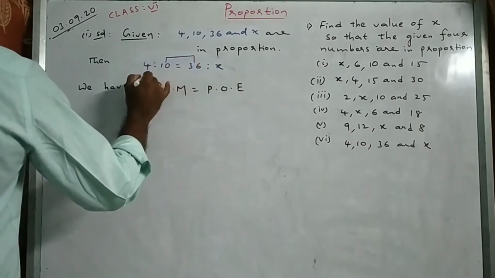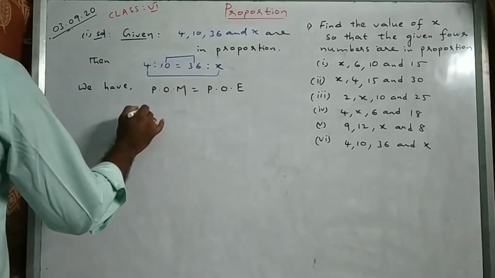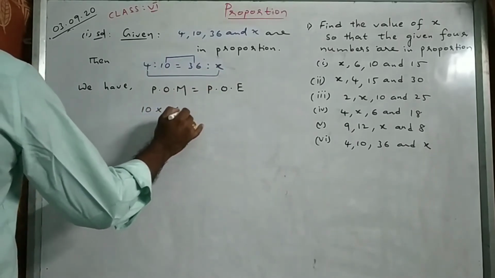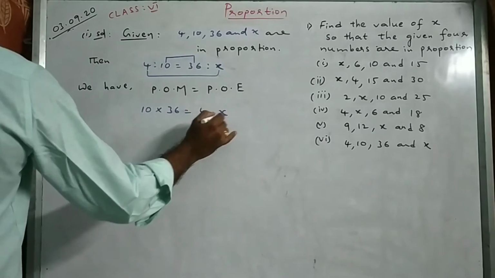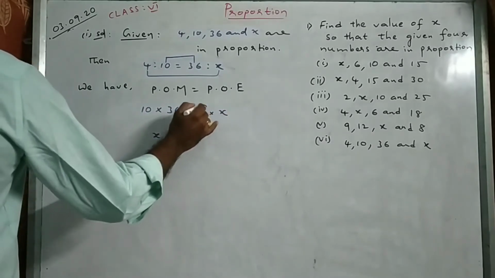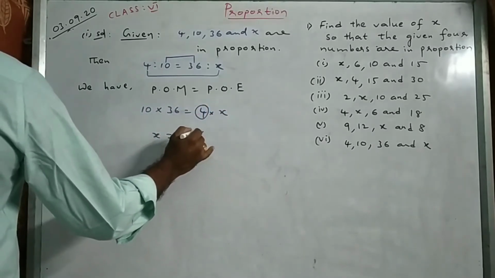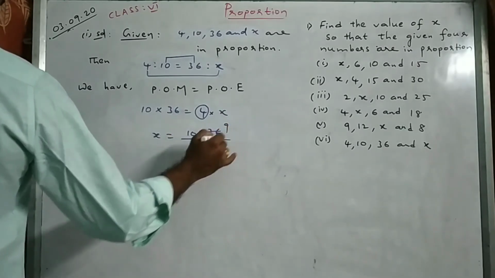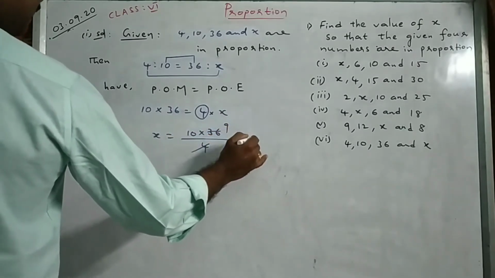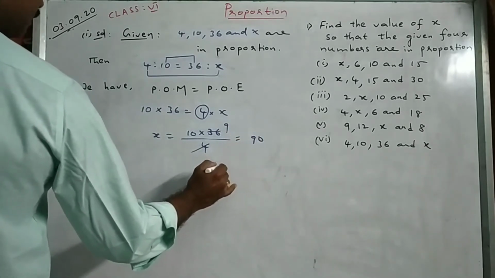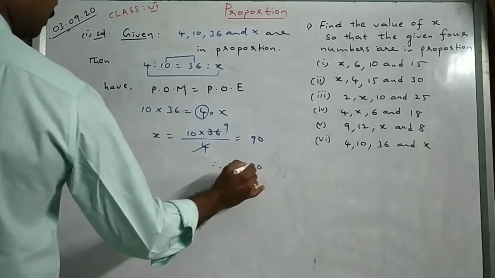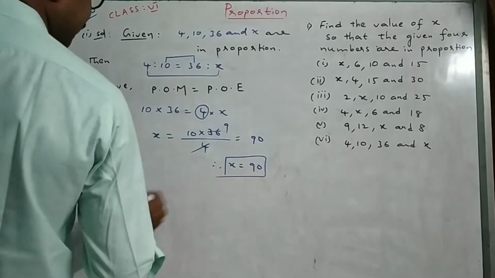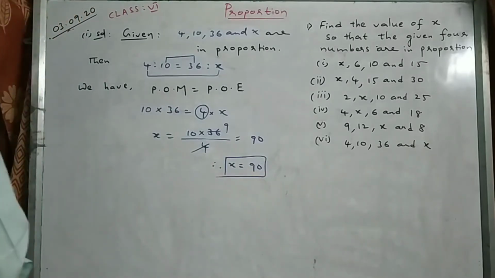Product of means equal to extremes. 10 into 36 equal to 4 into x. So x equal to, send this 4 this side. 10 into 36 upon 4. 4 nines. So 9 tens are 90. So x value how much here?